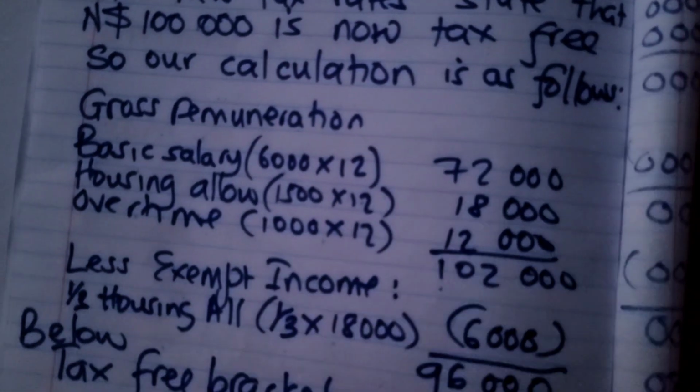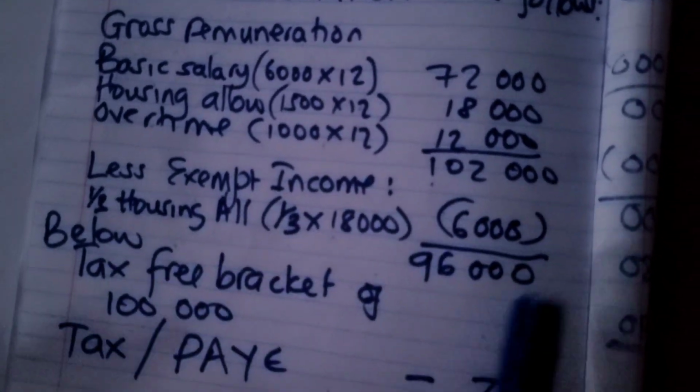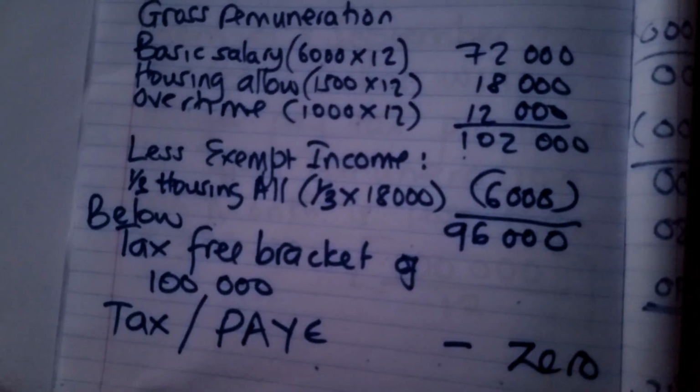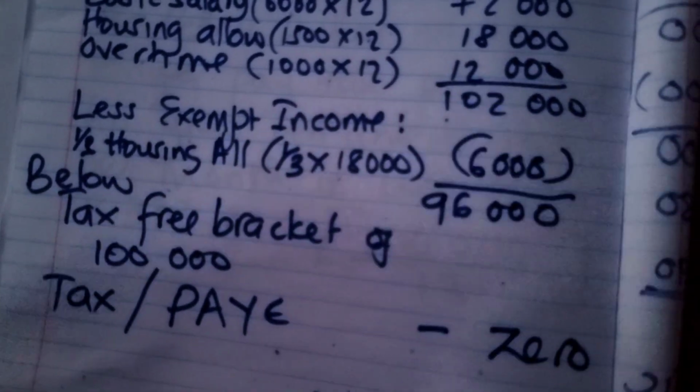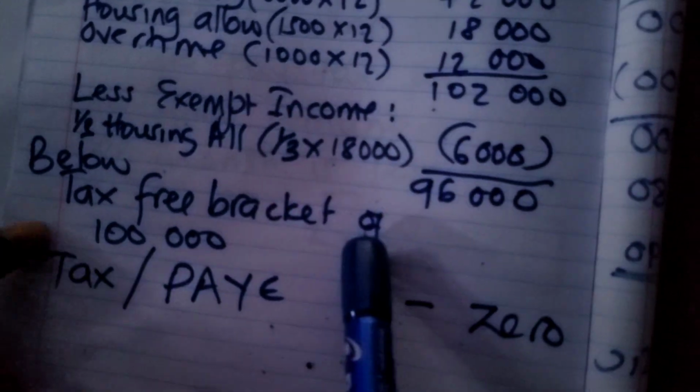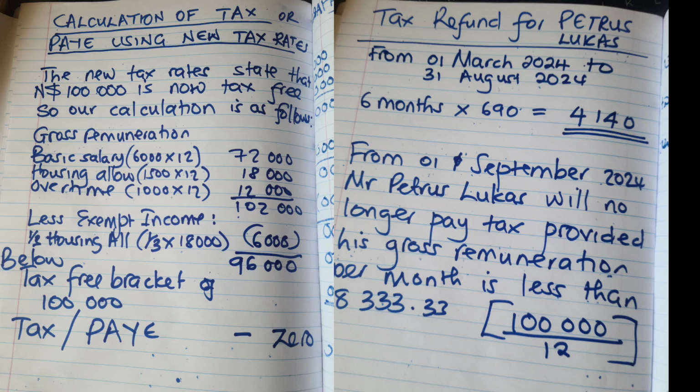Right. Comrades, let's now apply the new tax rates to Comrade Petrus's case and see essentially how much he will be refunded. That is the essential part of this video. Now, we want to apply the new tax rates, which the minister has promulgated and which have been gazetted by the parliament.